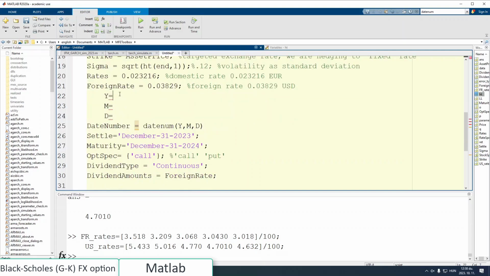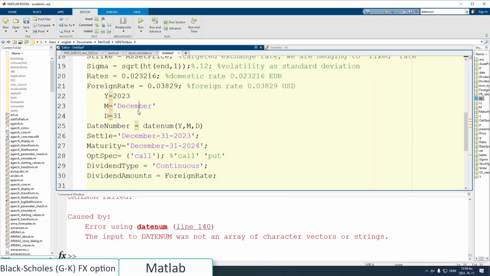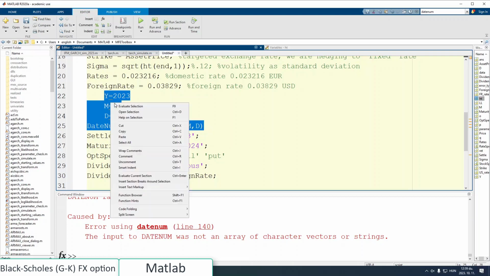So if I'm saying that 2023, can it be December? One, or should I go backwards? No, so it's 12.